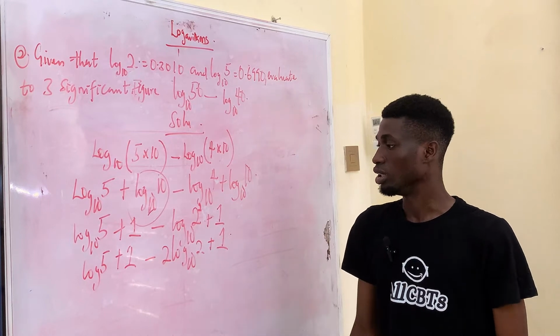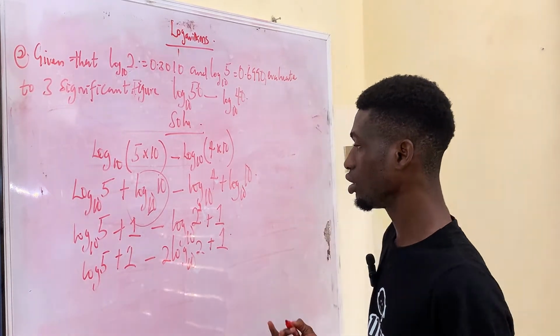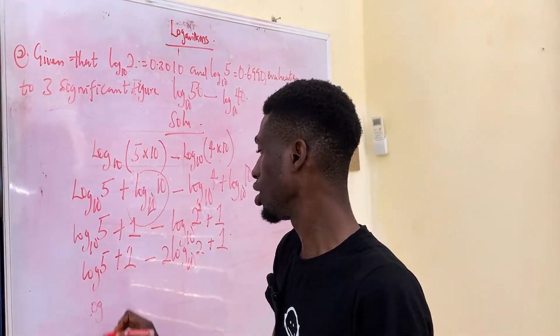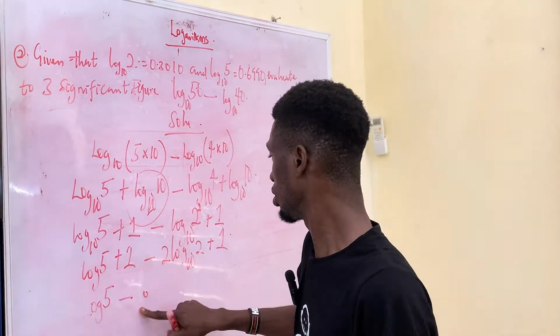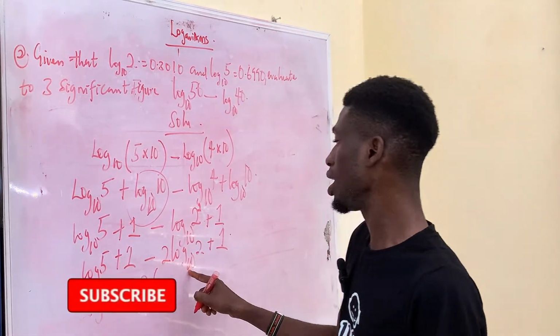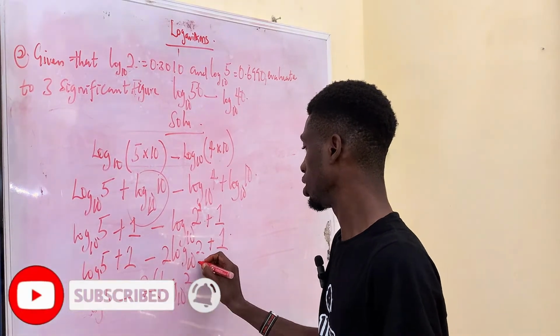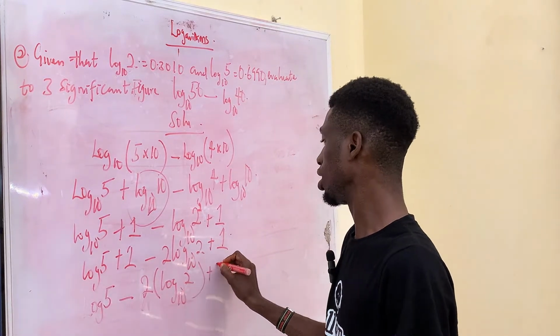So if you wish, you can collect like terms, or I can say, since I also have it as log 5 minus 2 multiplied by log 2 plus 1, now this is what this means, 2 multiplied by this plus 1.